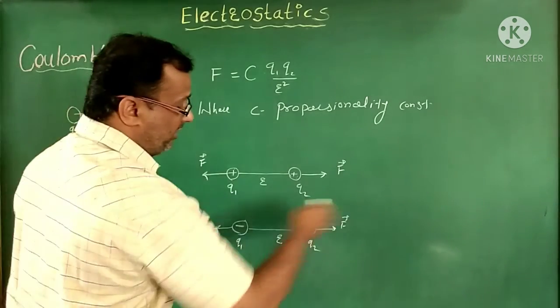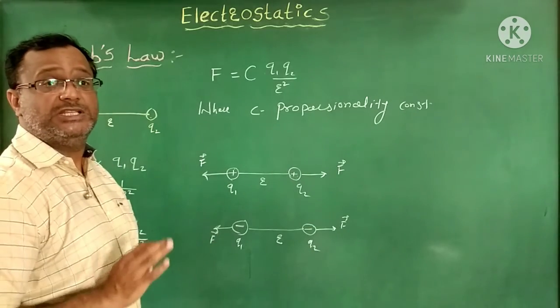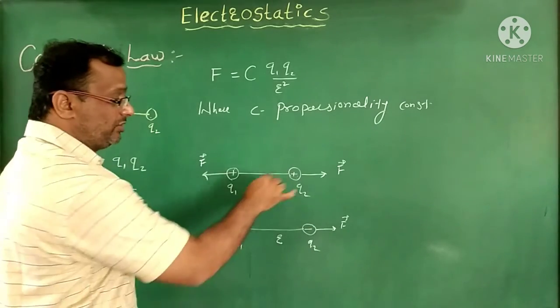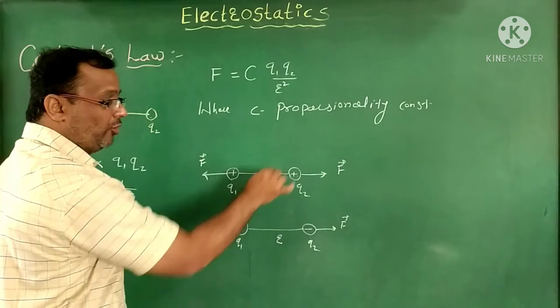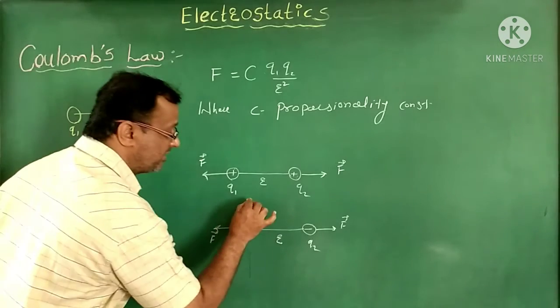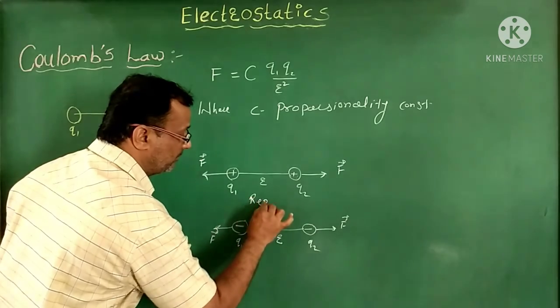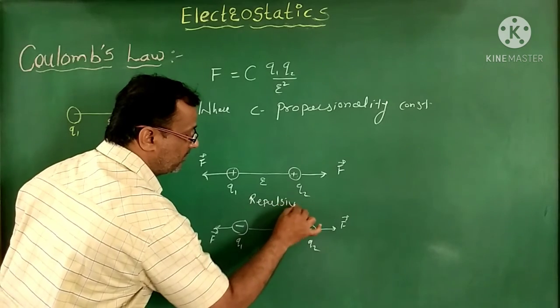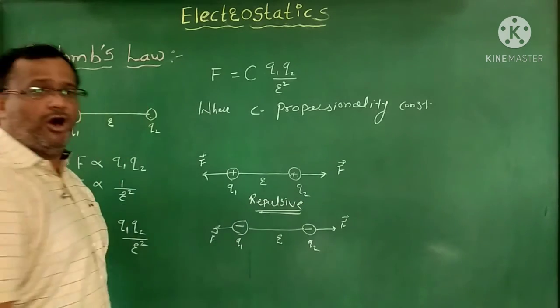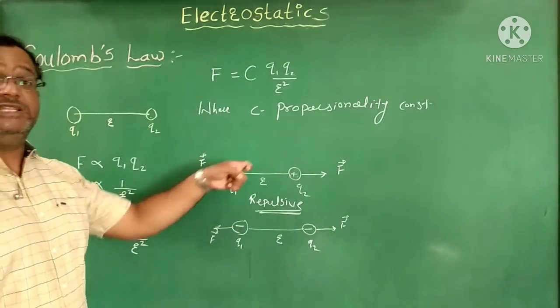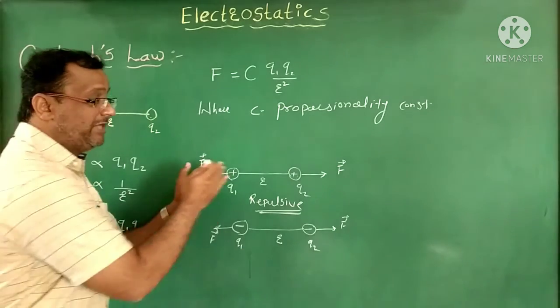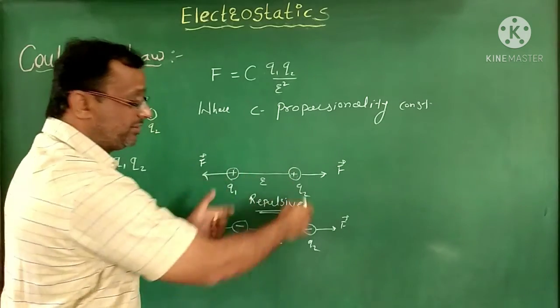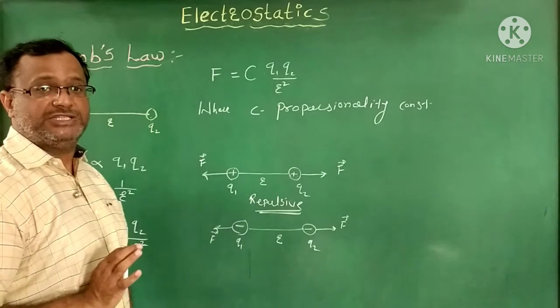Again the distance between these two electrical charges increases. So that's why the nature of force for like charges is repulsive. It means that repulsion is produced between like charges.